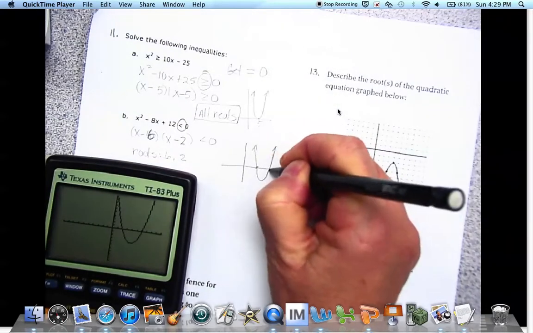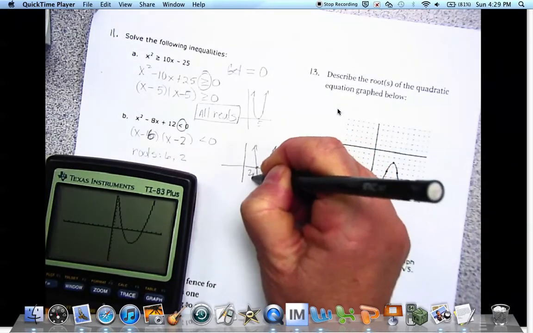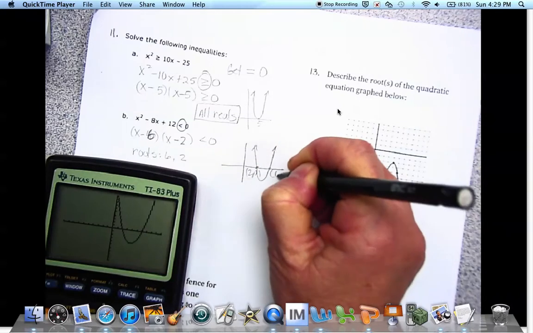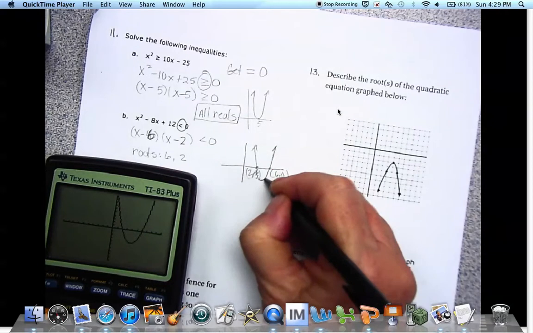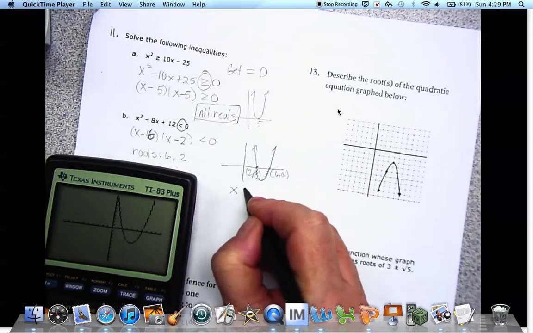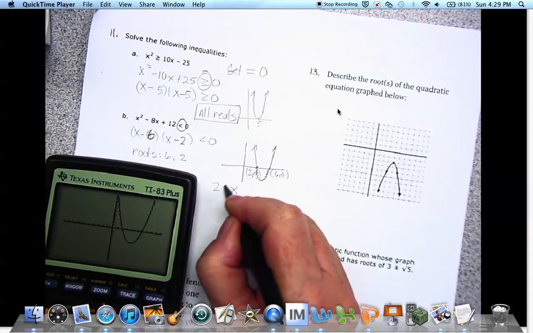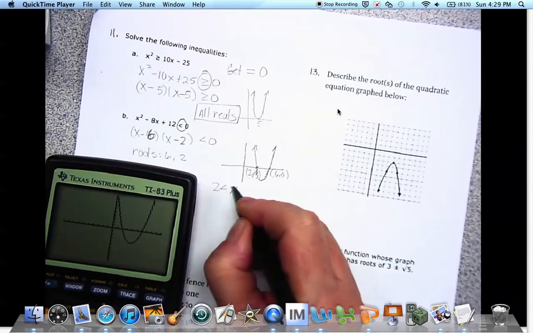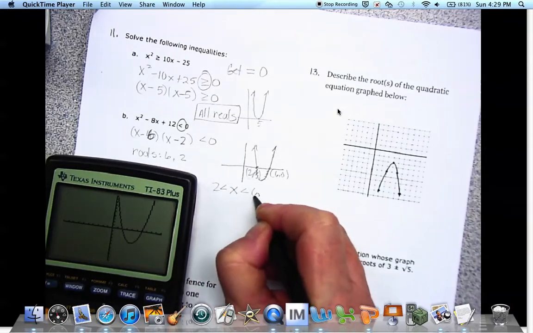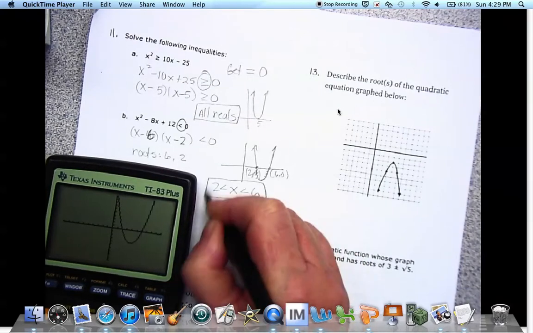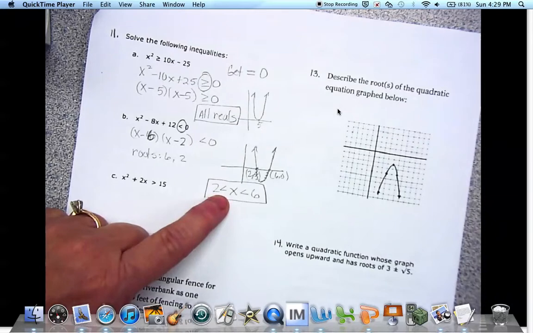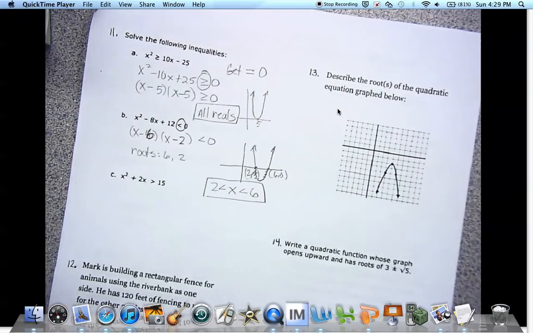This is 2 and this is 6. It's 2, 0. This is 6, 0. So it's when it's right here. That means x is between 2 and 6. And so we put a 2 on the left, less than signs, and a 6 on the right to show that x is between 2 and 6. And there's no equals because there's not an equals in the problem.